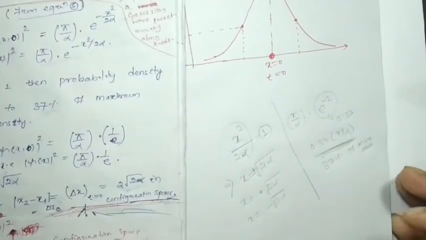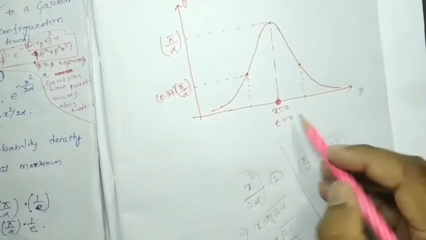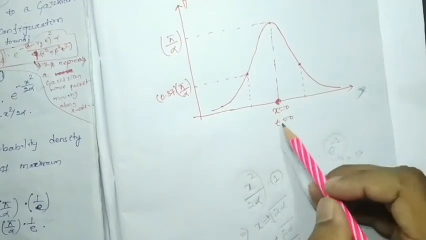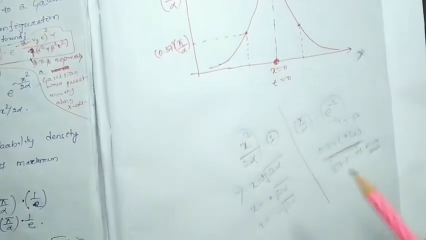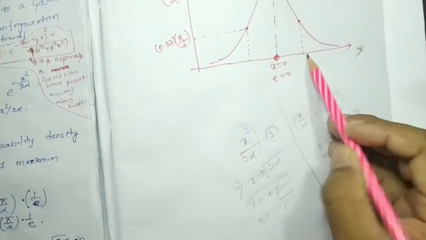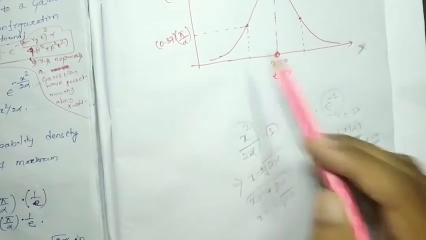As this is our x axis, and we considered the origin at t equal to 0, plus root over 2 alpha will be this side, minus root over 2 alpha will be this side. Suppose this point corresponds to x equal to root over 2 alpha, and this corresponds to minus root over 2 alpha.